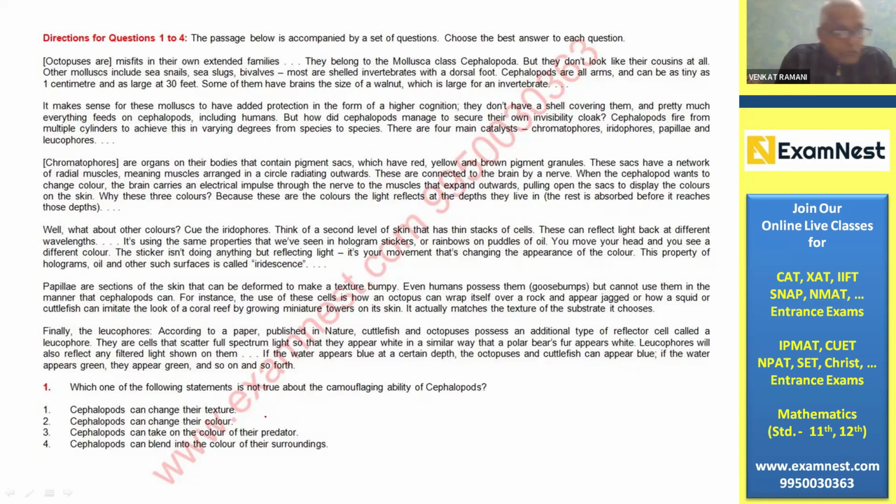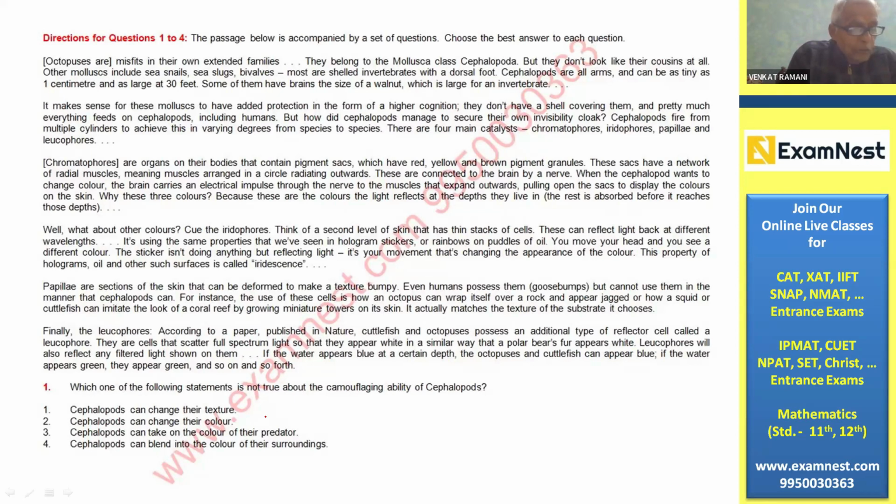He also talks about four more main catalysts that you have in the octopus. That is the chromatophores, the iridophores, the papillae, and leucophores. The entire passage, in fact, is devoted to this description. And he points out that chromatophores have a function that allows the octopus to change color.